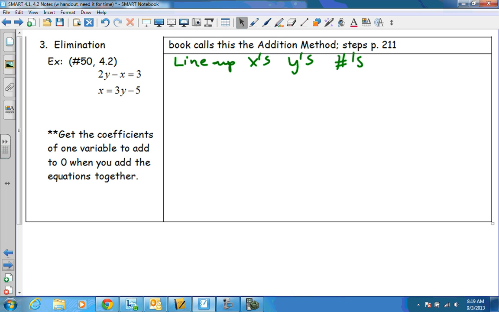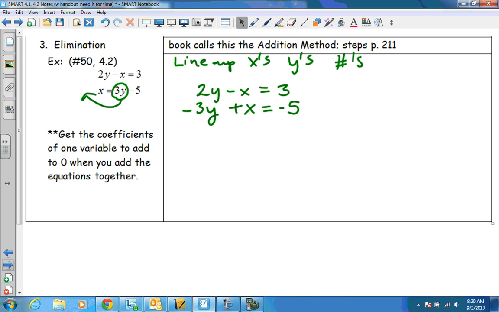Alright, so if I'm lining up, if I start with this first one, if I want to line up the next one, it's very, very close. What would I need to move? The 3y needs to come over, right? So it would be negative 3y plus x equals negative 5.